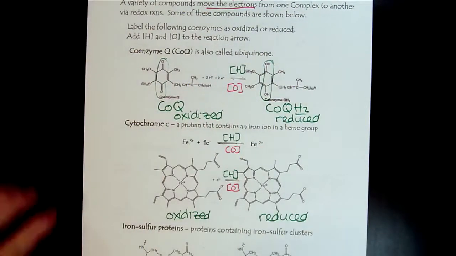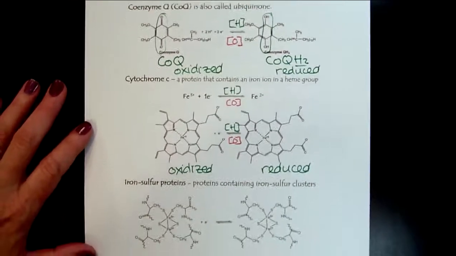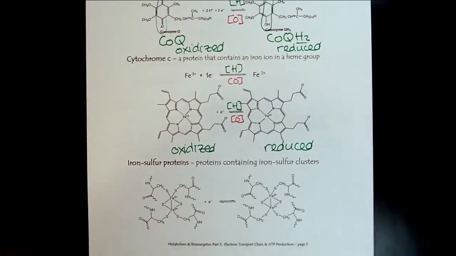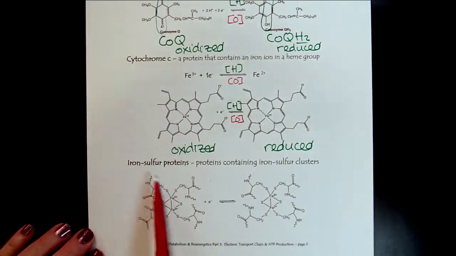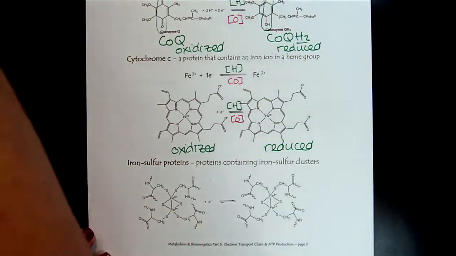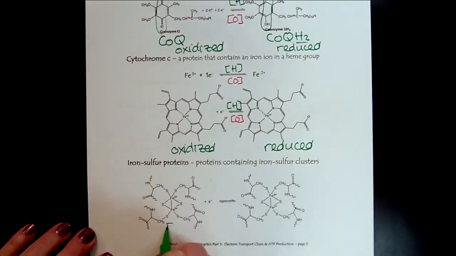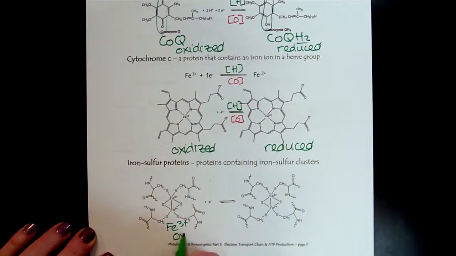Okay. And then this last one, it's pretty straightforward. And it's very similar. If you understand cytochrome C, then here are the iron-sulfur complexes. So different chemical structure, but notice that they're still taking advantage of, here we have the iron 3, right? So the iron 3 is the oxidized form.